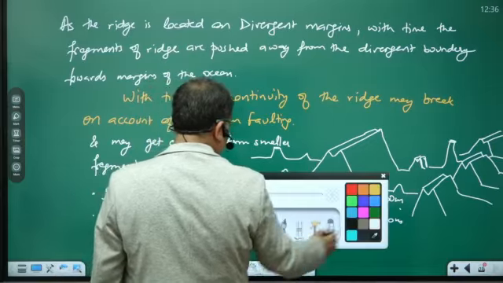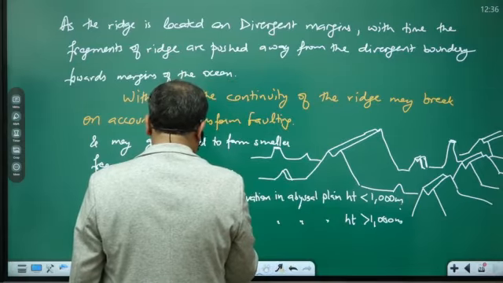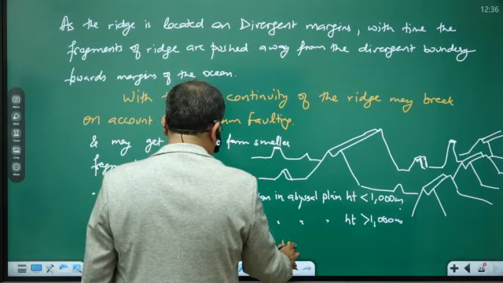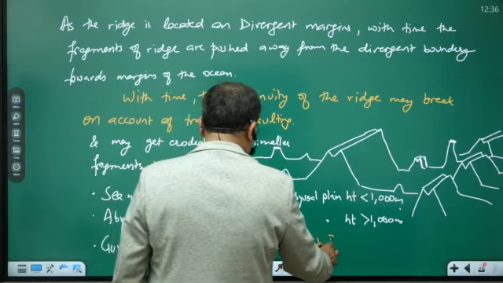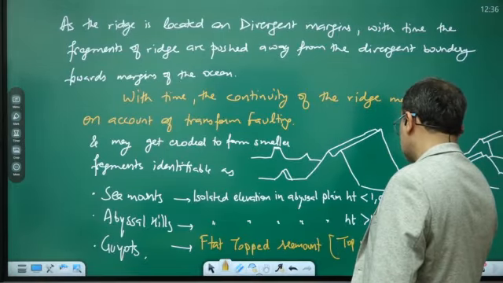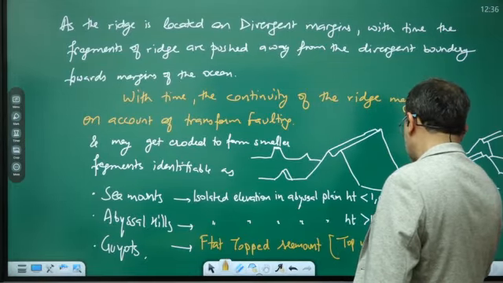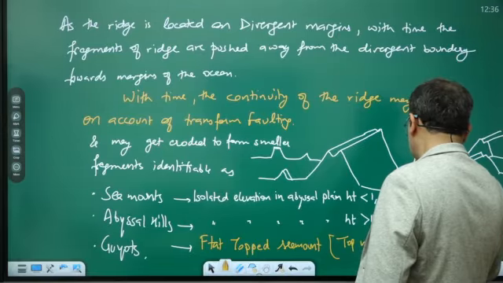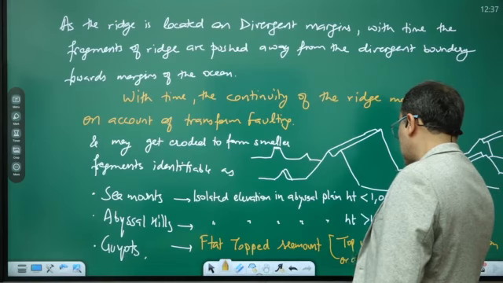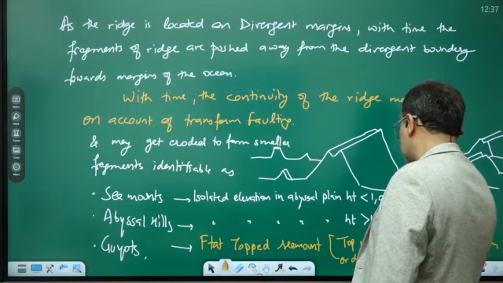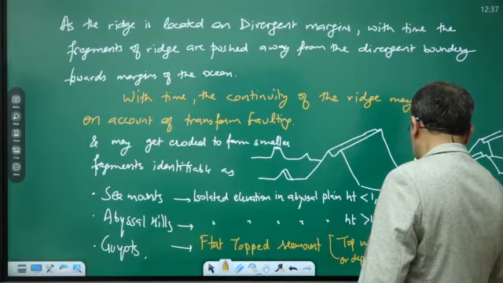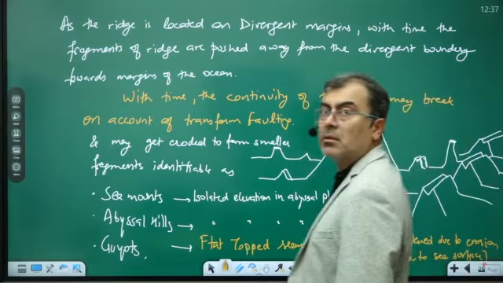Guyot is what? A flat topped seamount. Top may be flattened due to erosion or deposition close to sea surface.